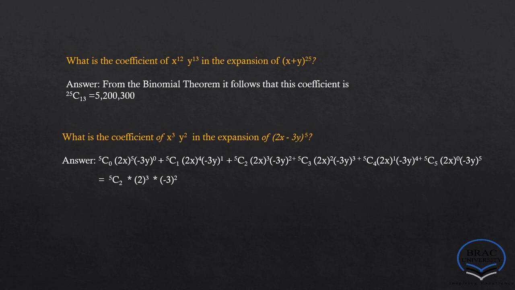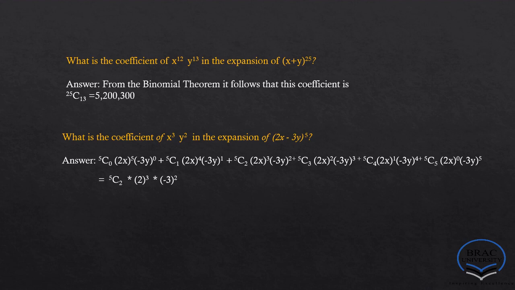right? So the next question is, what is the coefficient of x^3 y^2 in the expansion of (2x - 3y)^5? So we can change it to (2x + (-3y))^5, right? So we have to find the coefficient of x^3 and y^2, right?